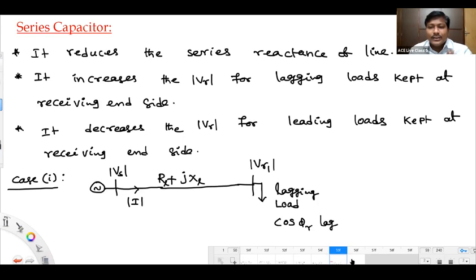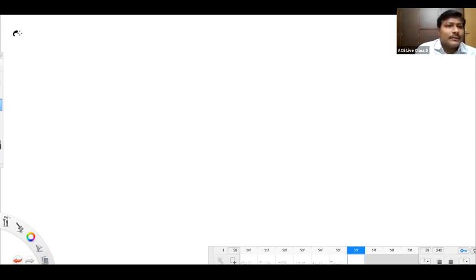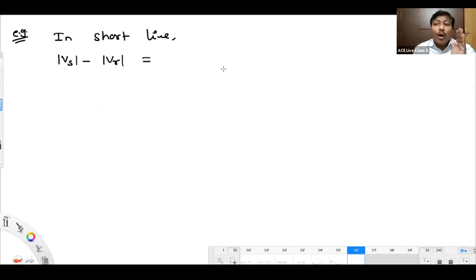In the short transmission line, we have taken up an expression for mod Vs minus mod Vr: mod Vs minus mod Vr equals mod I into mod Z cos of theta minus phi r. I think all of you understood this one.